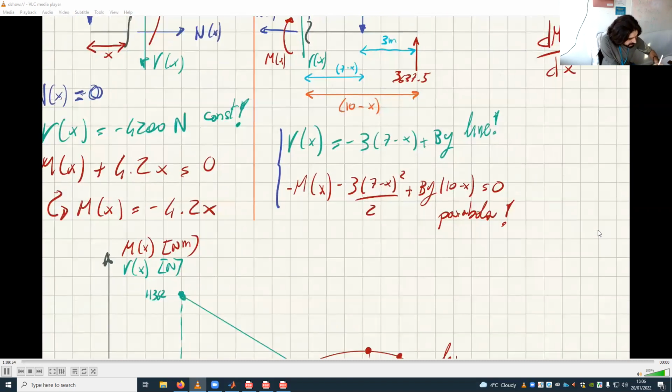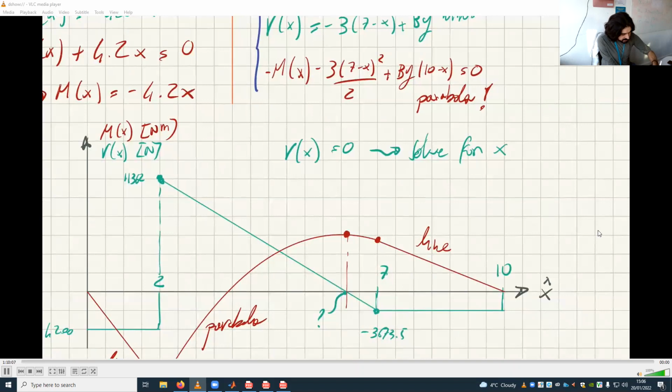So if I set this function equal to 0, I can find x. Solve for x. And then you find exactly that this x here is this x. Okay? And now that you know this x, let's call this x star. This is x star.